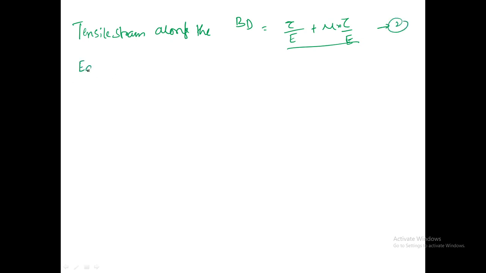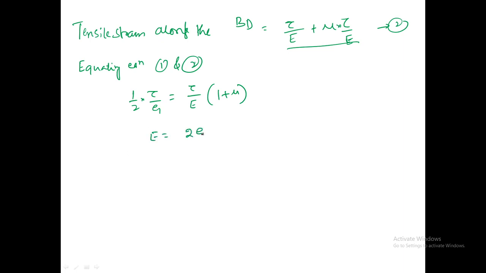Now equating equations 1 and 2, we get 1 by 2 tau by G equal to tau divided by E in bracket 1 plus mu. If you cross multiply, E equals 2 times G in bracket 1 plus mu.